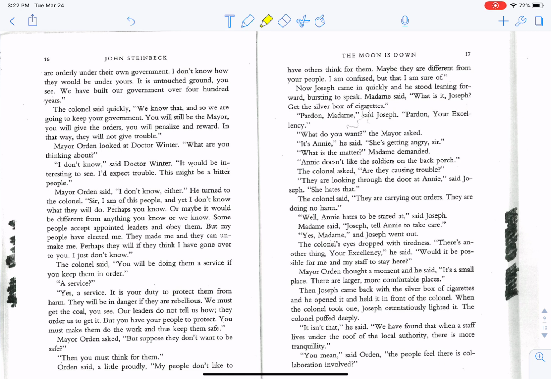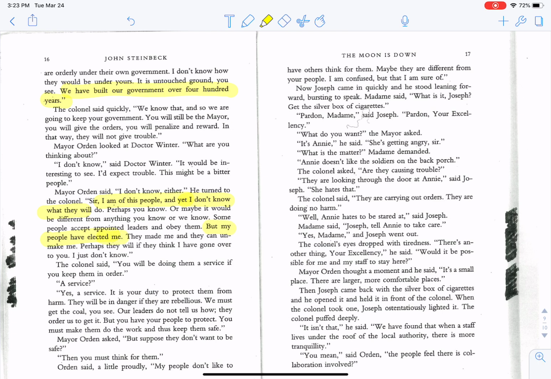And we see it in the way that Mayor Orden talks. He says, we've built our government, top of page 16, over 400 years. This is a long-standing democracy. And he's making sure that Colonel Lancer understands that I am of this people, and I don't know what they're going to do. My people have elected me.